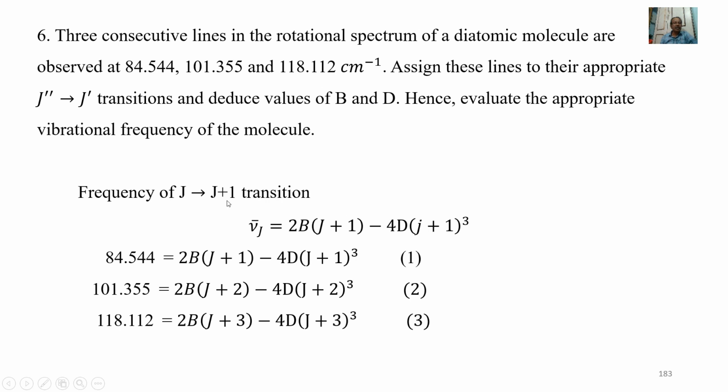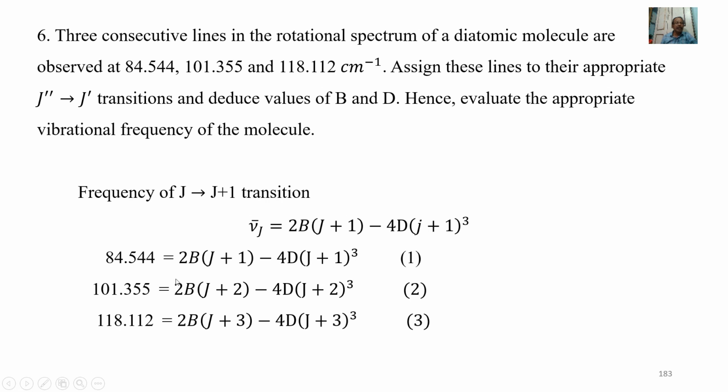The frequency of the J to J plus 1 transition is given by this expression, which we have already studied for symmetric top molecules. So the frequency mu J bar is equal to 2B(J+1) minus 4D(J+1) whole cube. For the first transition, 84.544 is equal to 2B(J+1) minus 4D(J+1) whole cube.